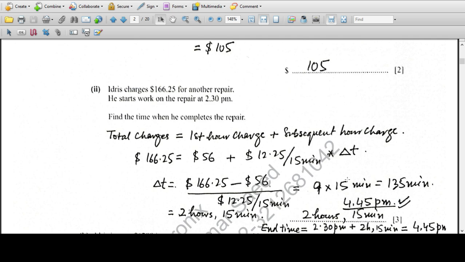So 166.25 minus 56, divided by 12.25 per 15 minutes.